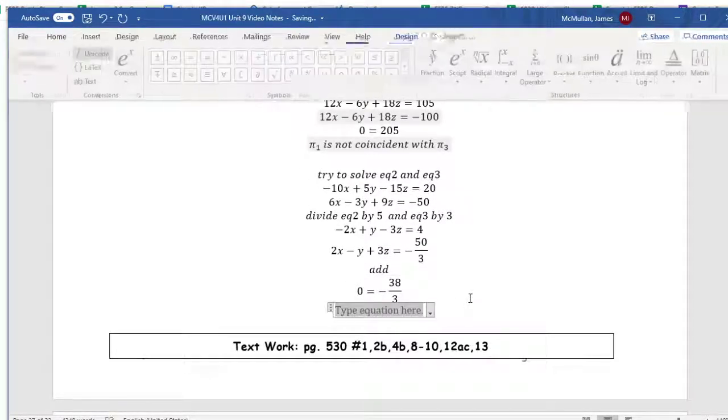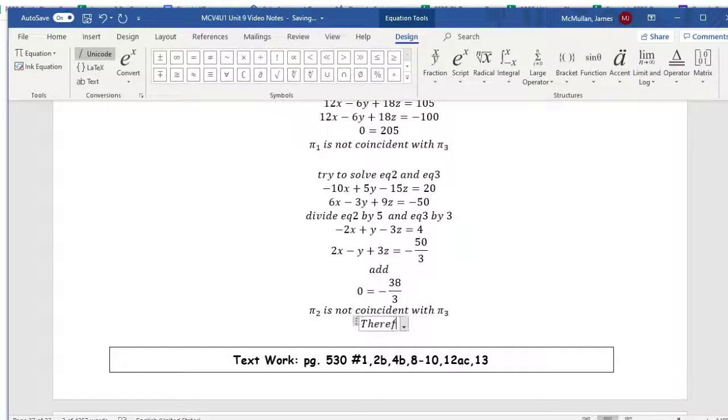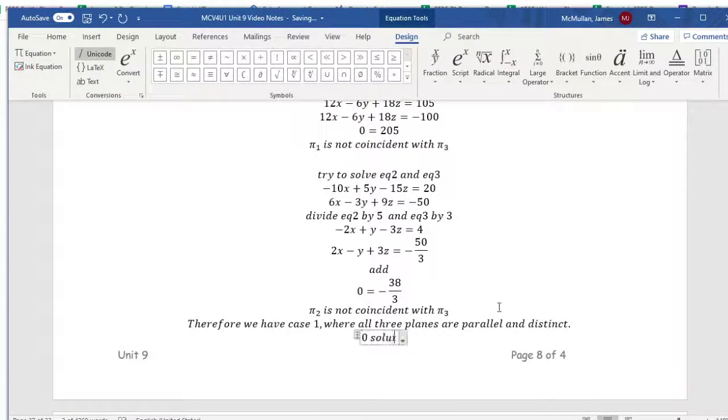Which again is false. So pi 2 is not coincident with pi 3. So therefore, we have case 1 where all three planes are parallel and distinct. Okay, and just to understand, there are 0 solutions.